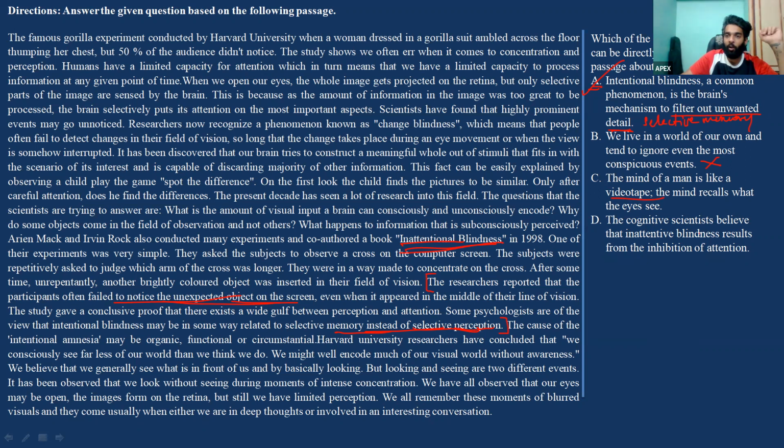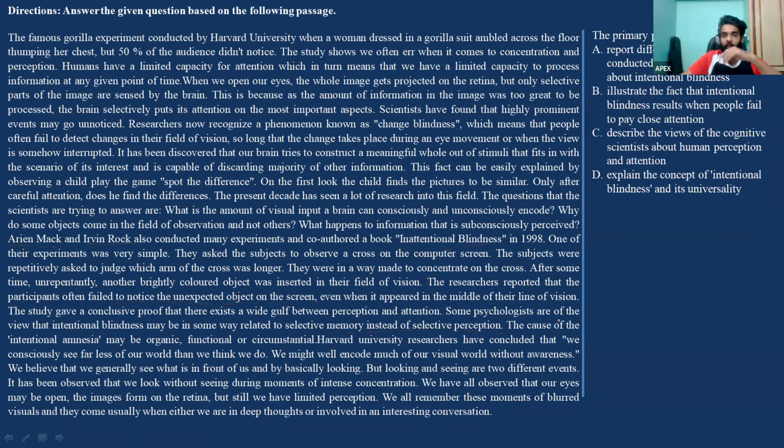The cognitive scientists believe, nowhere have we spoken about the cognitive scientists. Again, if we think that these people are cognitive scientists, we can go ahead with this answer. But again, in that case, the cognitive scientists believe that inattentive blindness results from inhibition of attention. We've not really defined or discussed inhibition of attention. So we can eliminate these three options. A will be our answer.